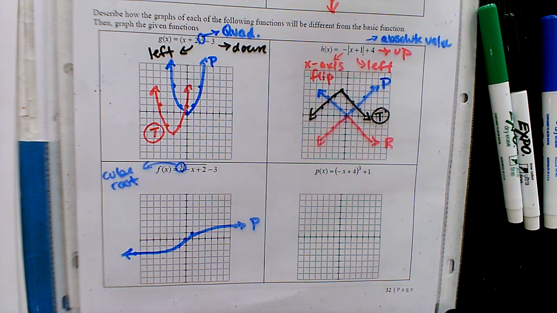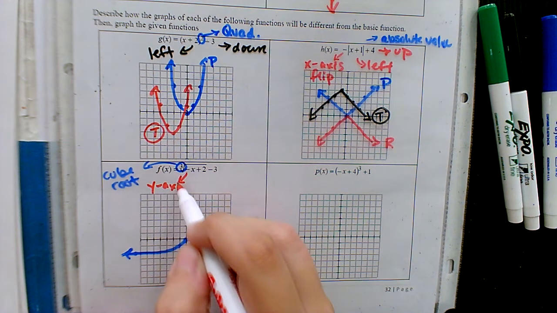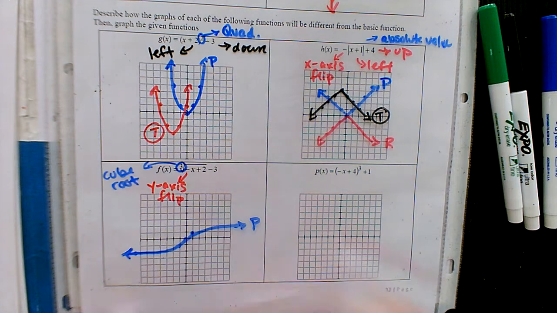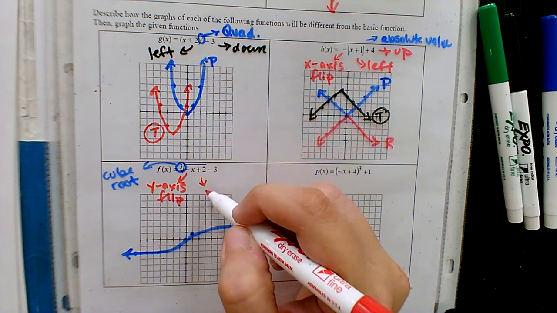What do we see? Good, Seth. I'm sorry, Seth. The negative looks like a Y. Y, good. Y-axis flip. Good, Emma? The 2 under the cube root will move it to the left 2.